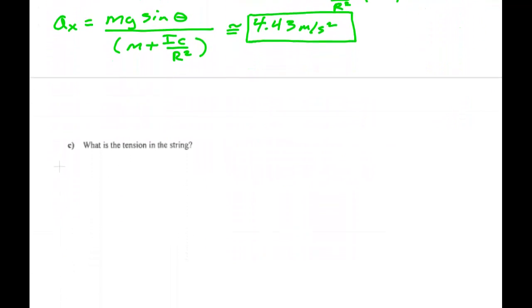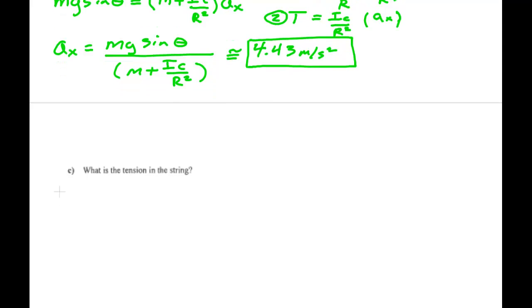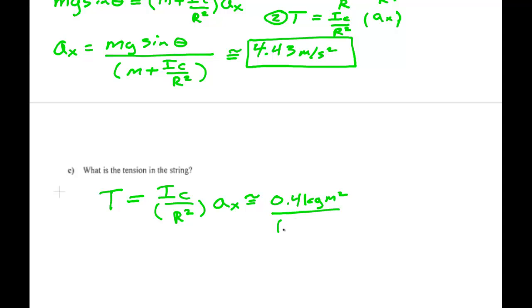The next part asks, what's the tension in the string? Well, the tension in the string can be found either by solving this equation for T or solving this equation for T. And I'm going to use equation number 2. So T is I_C over r squared times a_x, which makes it approximately the moment of inertia of this thing, which was 0.4 kilograms meters squared, divided by 0.25 meters, squared.